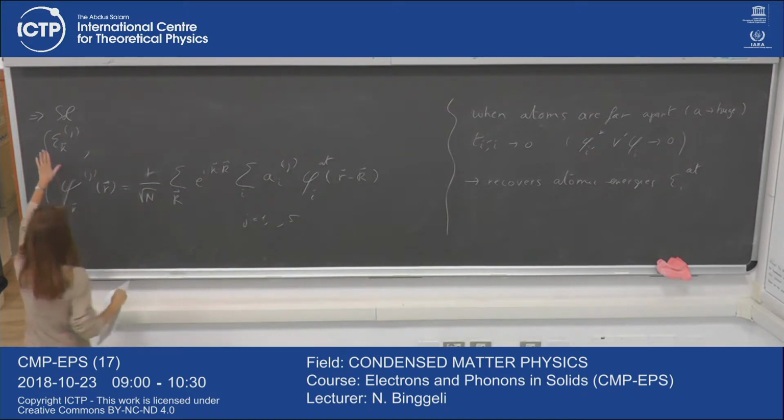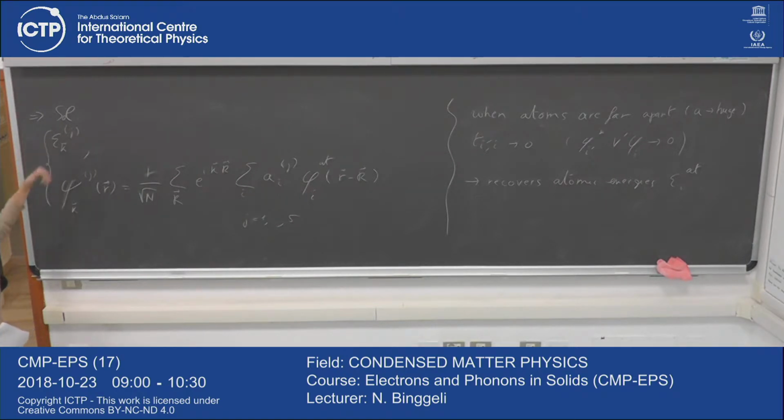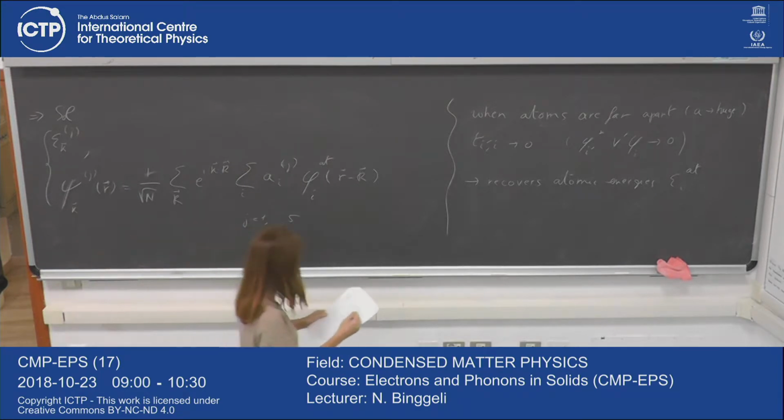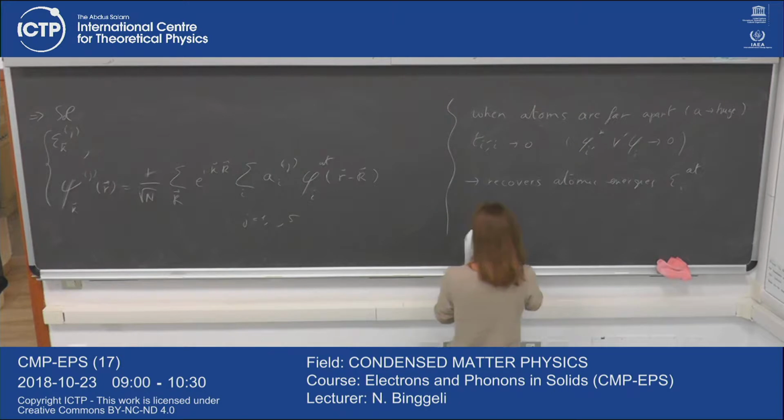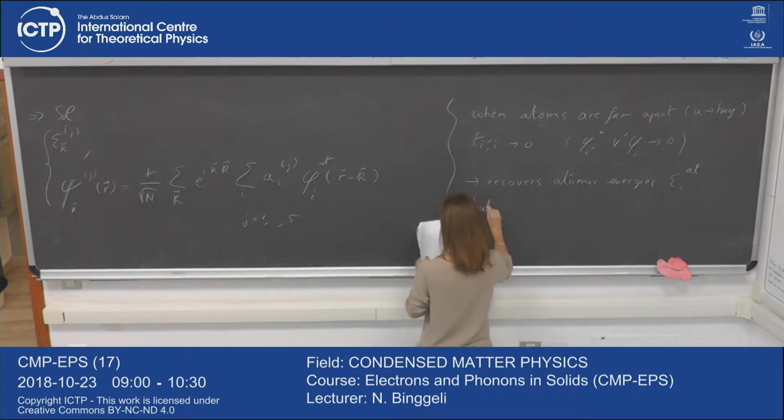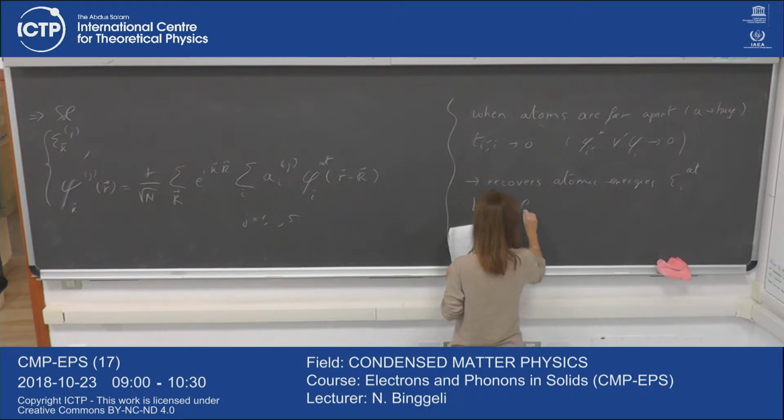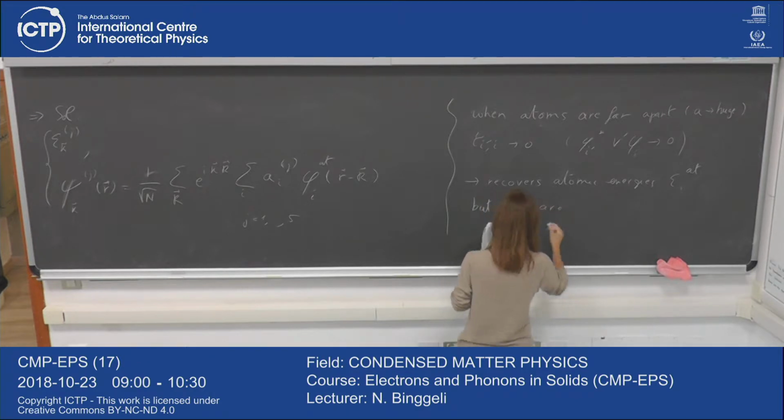So these bands become flat as a function of K, and the value is just the atomic energy, and the states that are the solution are these states with the coefficient becoming 1. So the eigenstates or the solutions are Bloch functions.